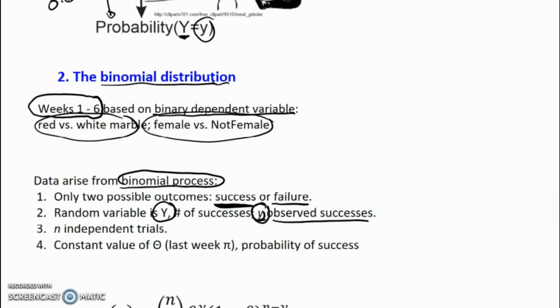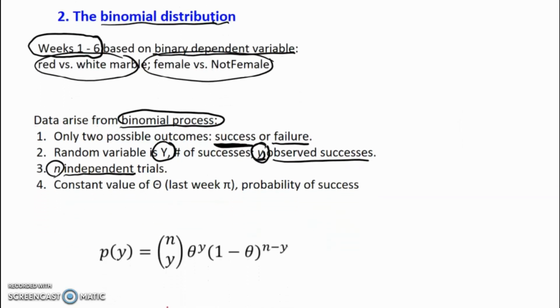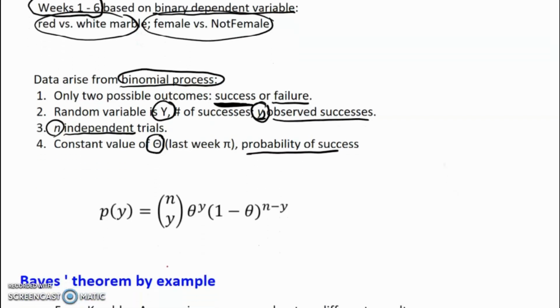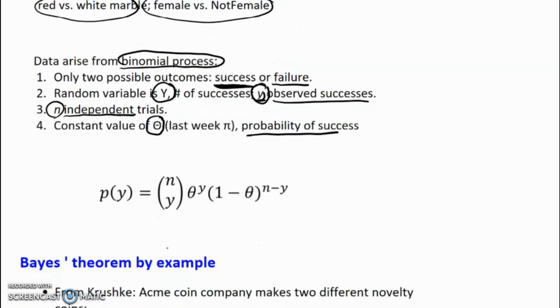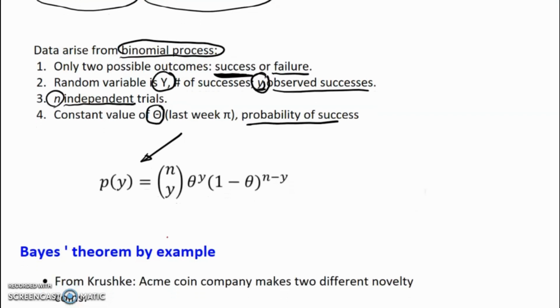These y observed successes occur in n independent trials, and the concept of independence is very important. As we go through these n independent trials, the value of theta, the probability of success in any one trial, remains constant. If all those features exist, then the appropriate formula for the binomial distribution is given here.